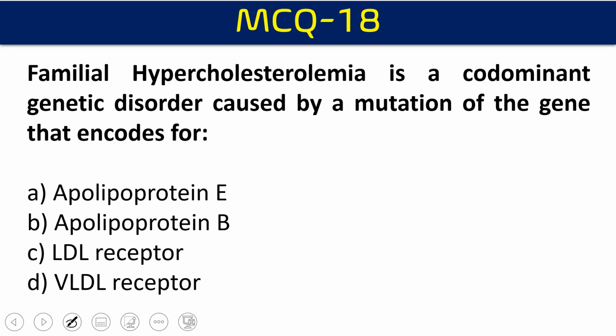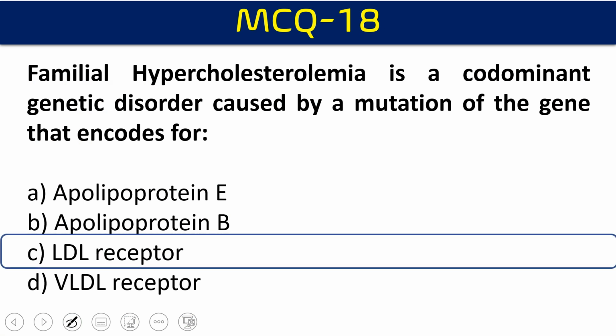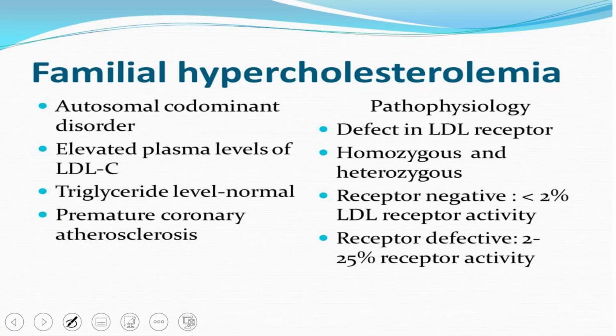The next question: familial hypercholesterolemia is a co-dominant genetic disorder caused by a mutation of the gene that encodes apolipoprotein E, apolipoprotein B, LDL receptor, or VLDL receptor. The correct answer is the LDL receptor. Why? This is an autosomal co-dominant disorder.